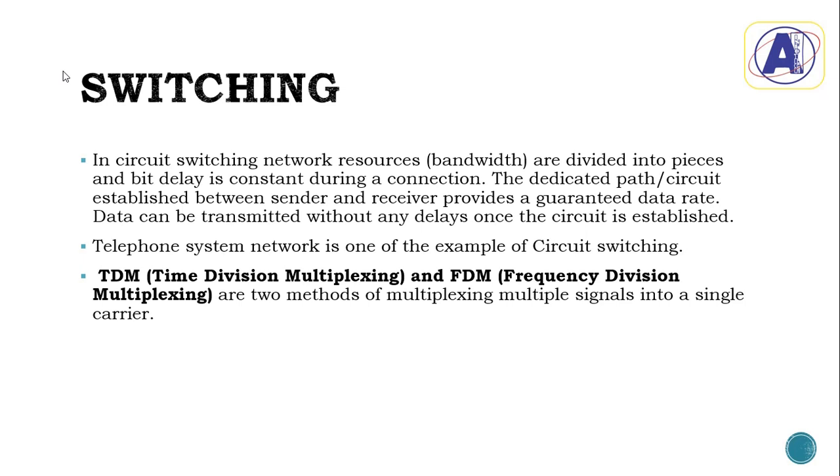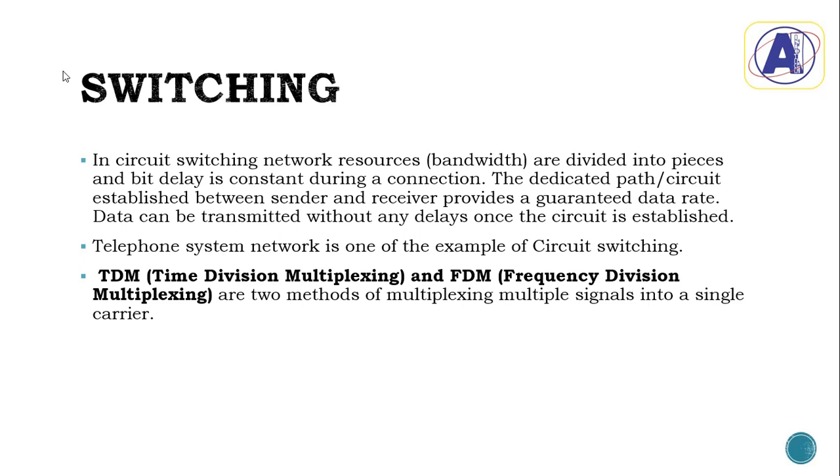Data can be transmitted without any delay once the circuit is established. The telephone system network is one of the examples of circuit switching. Time division multiplexing (TDM) and frequency division multiplexing (FDM) are two methods of multiplexing multiple signals into a single carrier.